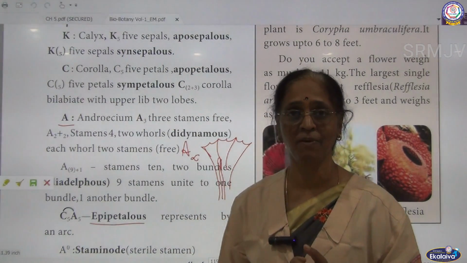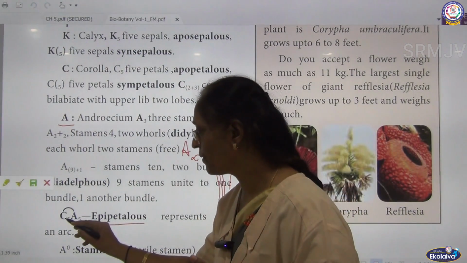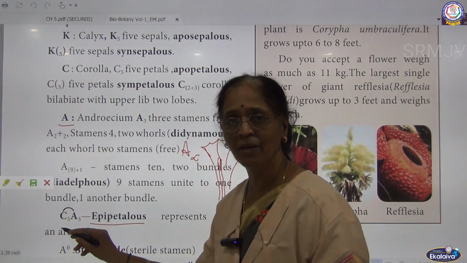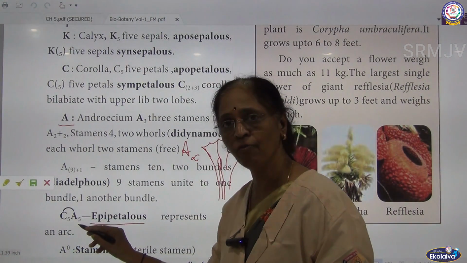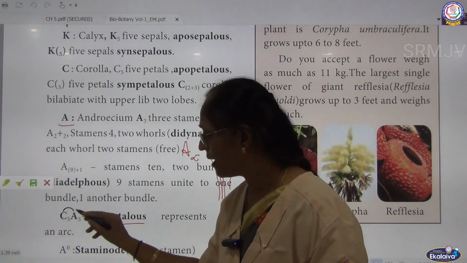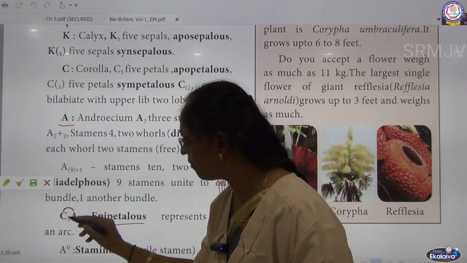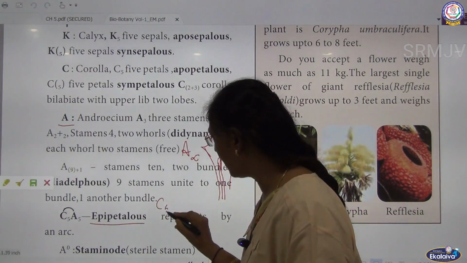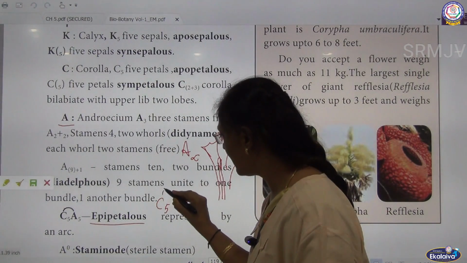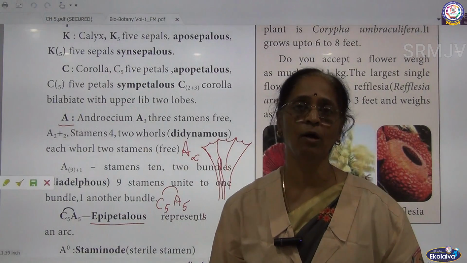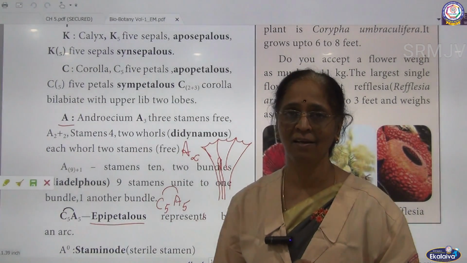How are we going to represent this condition? You will put Corolla, whatever number it is, say 5, and androecium, how many are there? 5 are there, and they are attached to the corolla. So you will find C5, A5, and they are attached, and this is what we call the Epipetalous condition.